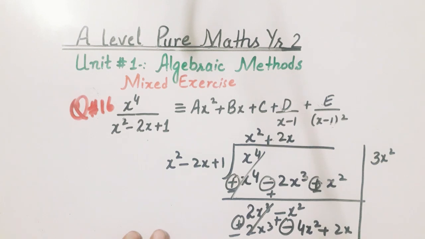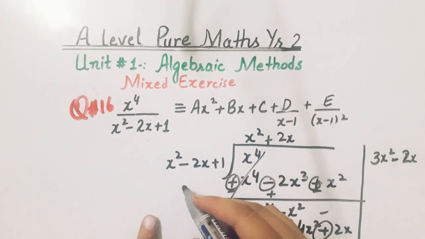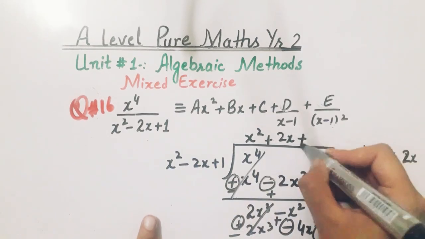Then plus 2x, and the sign of this is also changed, so this will be minus 2x. Now we will solve this further. To make 3x² we will multiply by 3.